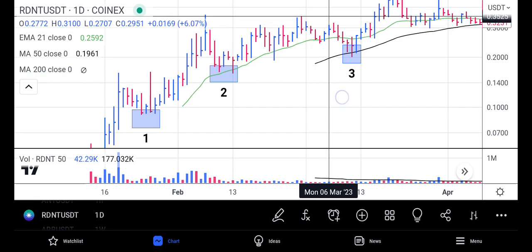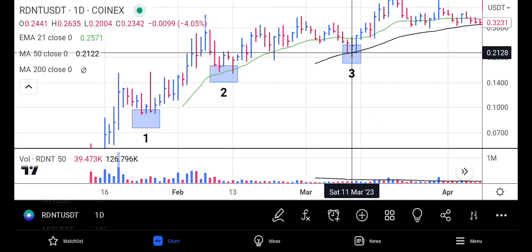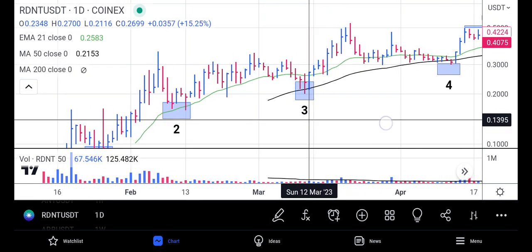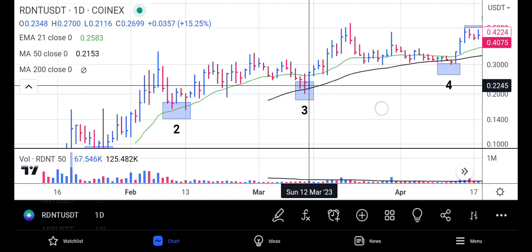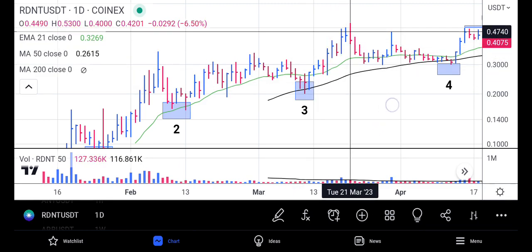It couldn't rise to the prior peak. Then it dropped back to the 50-day moving average at 0.3. When Radiant Capital dropped to 0.3, it gained support from 0.3, which is the 50-day moving average, and it broke above the prior peak. It rose to 0.5300.